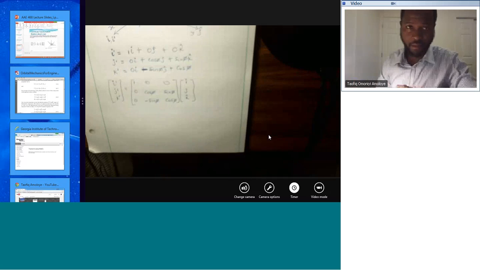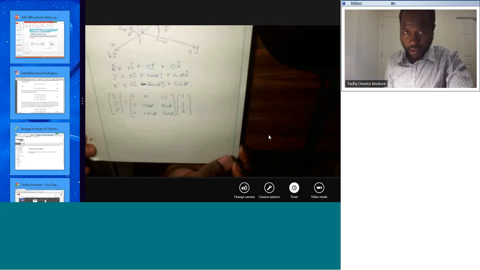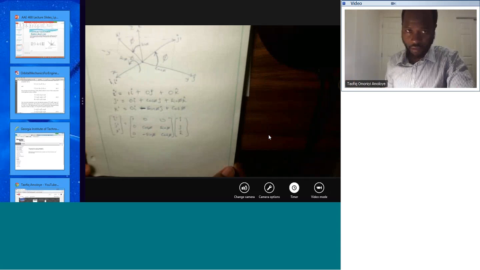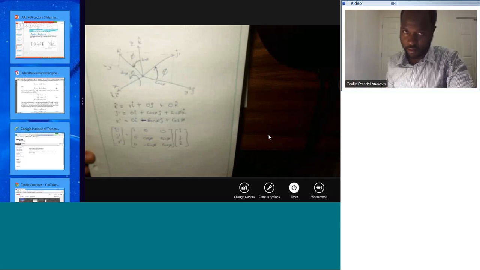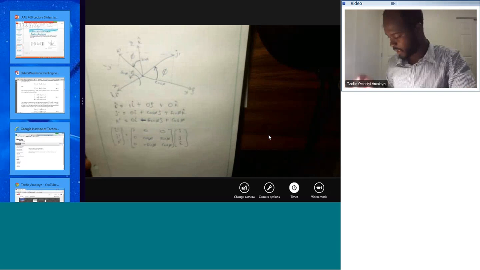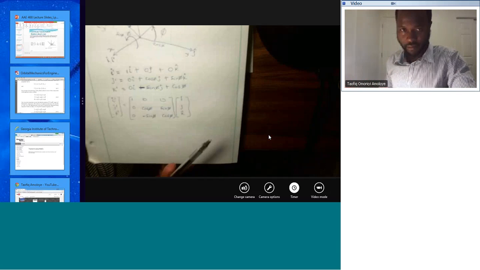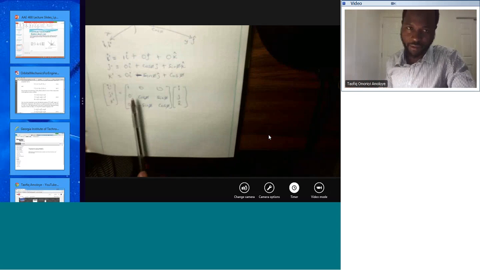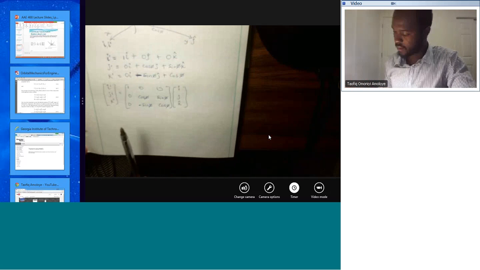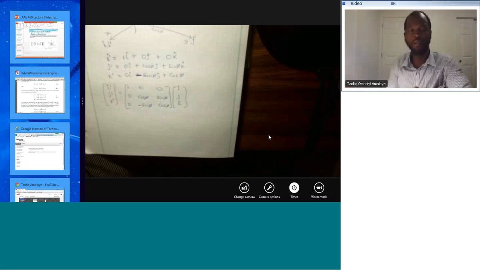That means when we rotate about the X axis through some angle phi, this is the direction cosine matrix that we arrived at.